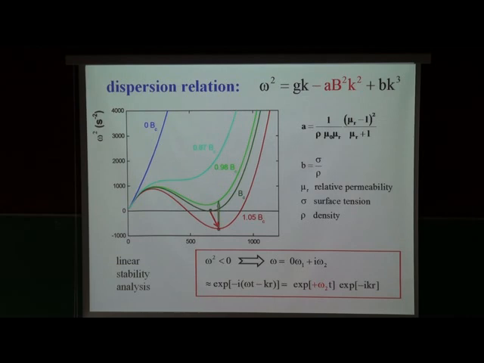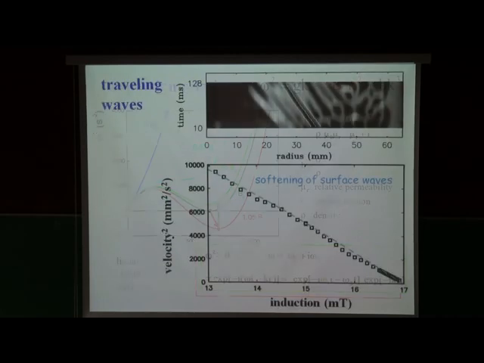If you switch back, the liquid relaxes, and in the undercritical field you have a propagating surface wave. You can measure here the radius, and here you have the time. You see that some waves are propagating in a circular dish, for example.